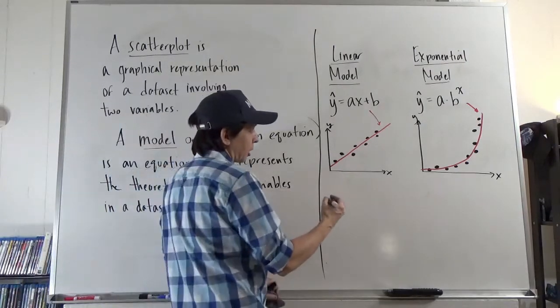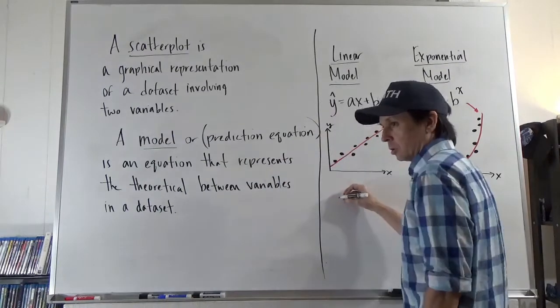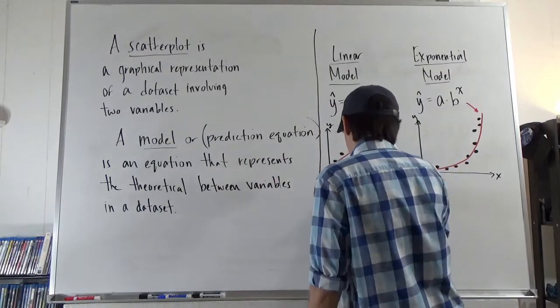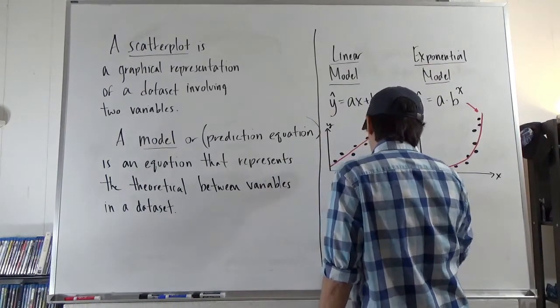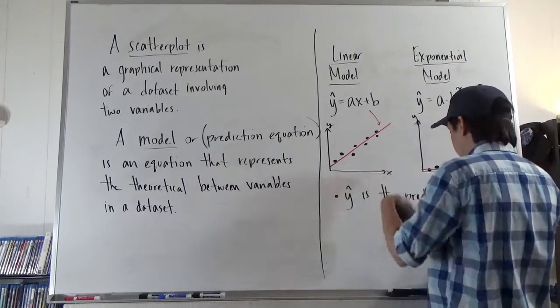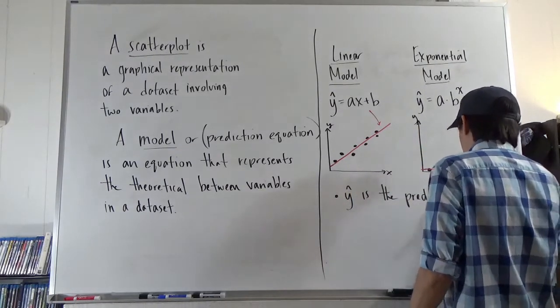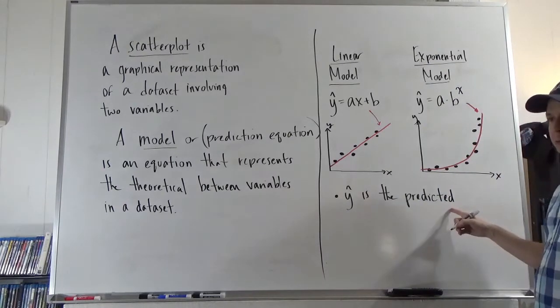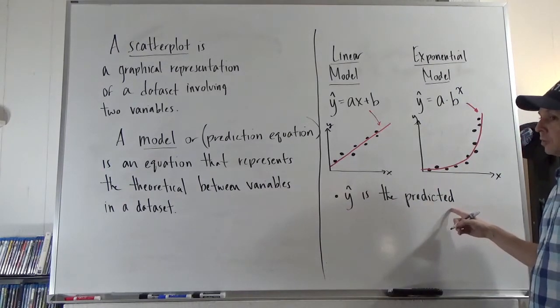So now I am going to talk about that y hat. This is important. It applies to any model, but specifically the linear ones we'll be dealing with. We need to know the distinction, as I mentioned, between y hat and y. There are two different things.